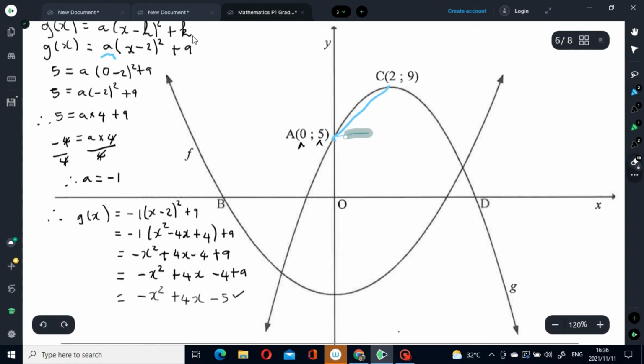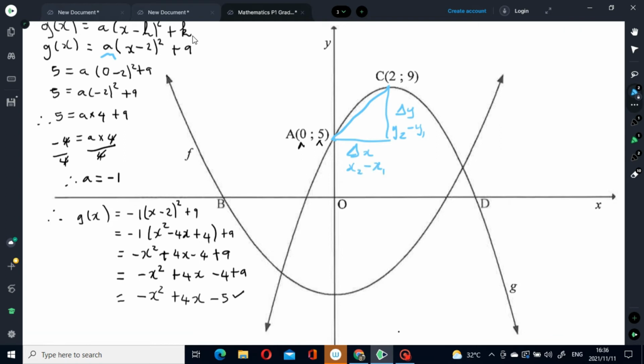Draw the line, join the dots, show change in y and change in x.